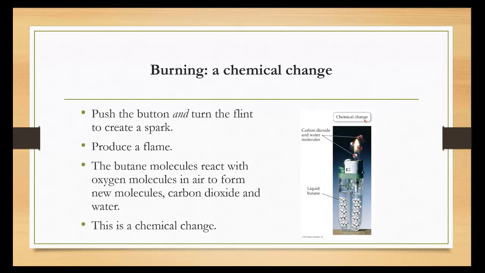However, if you push the button and turn the flint, creating a spark, it produces a flame. The butane molecules react with the oxygen molecules in the air to form new molecules, carbon dioxide and water. This is a chemical change because they're bonded to different things now.